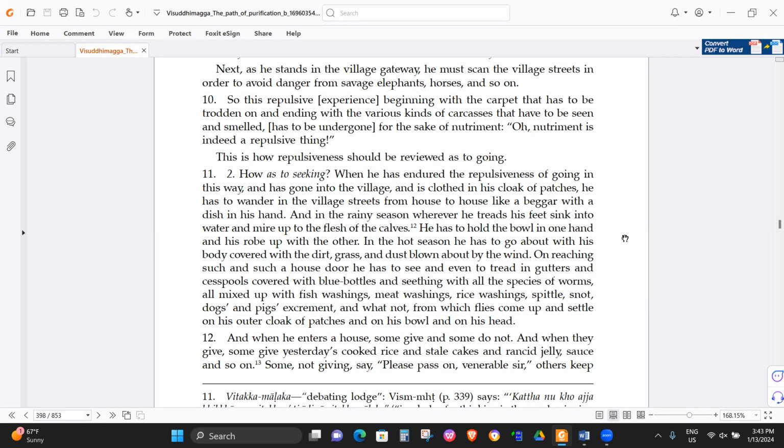In the hot season, he has to go about with his body covered with dirt, grass, and dust blown about by the wind. On reaching such and such a house door, he has to see and even tread in gutters and pots covered with bluebottles and swarming with all the species of worms, all mixed up with fish washings, meat washings, rice washings, spittle, snot, dogs, pigs, excrement, and what not, from which flies come out and settle on his outer cloak of patches, and on his bowl, and on his head.